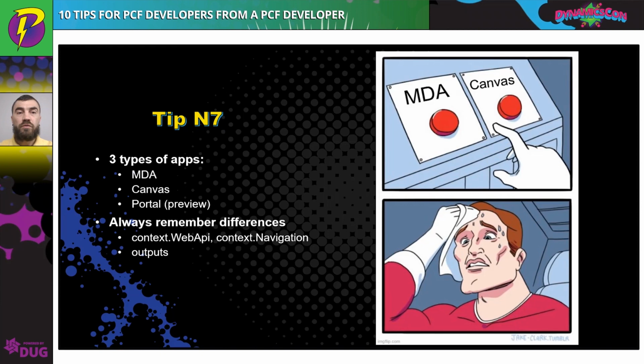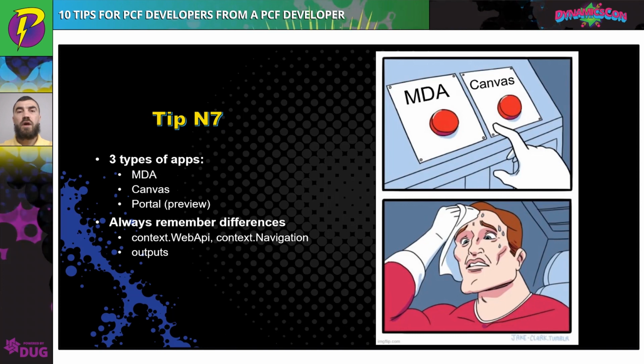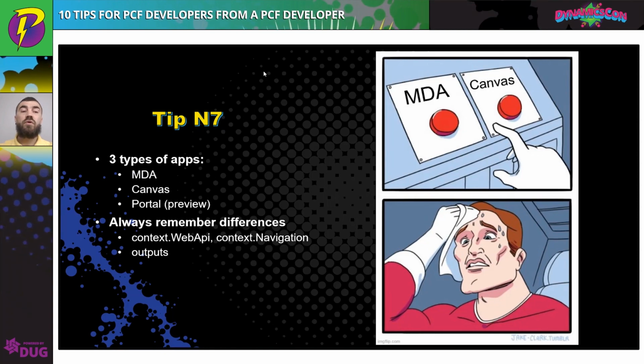When you build controls, always think about the type of application where it will be used. Let's say you plan to build a control for model-driven apps and canvas apps. In this case, you should not use inside your code features that will work only inside model-driven apps, like context.webAPI and context.navigation, because obviously that control would work fine in a model-driven app, but once it is placed in canvas, it will blow up.